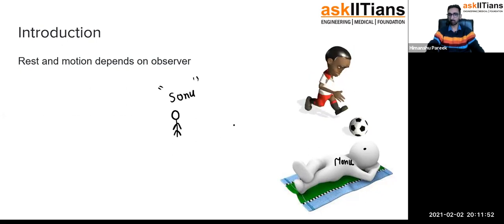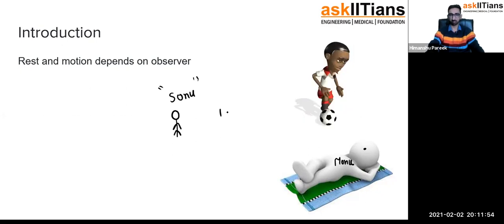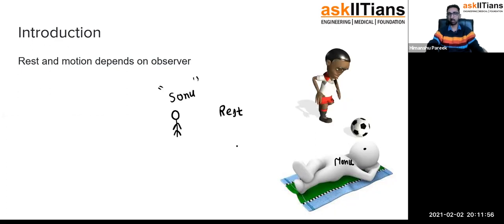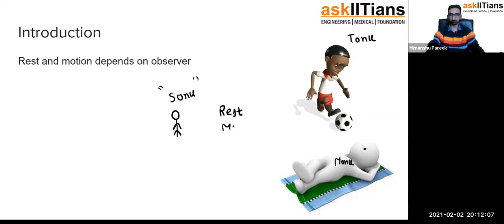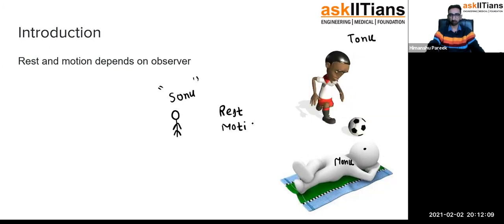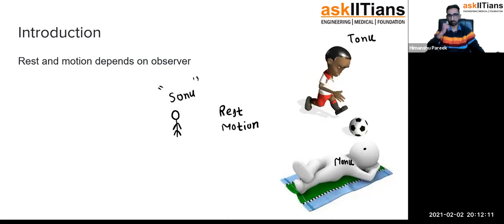That Monu is sleeping. He is at rest. Now, if you ask Sonu what this other guy is doing, let's say his name is Tonu, then he would answer that Tonu is in motion. Yes, he is running.